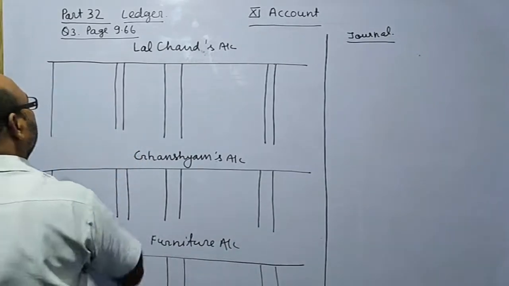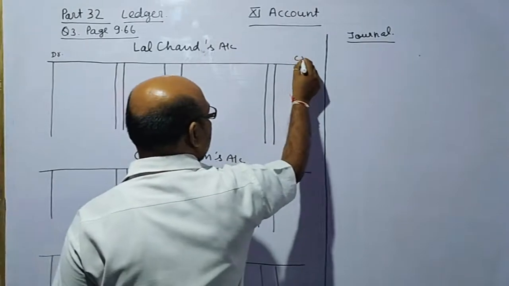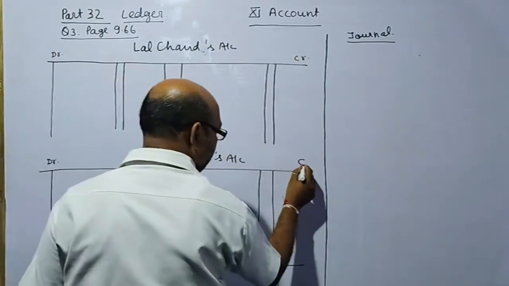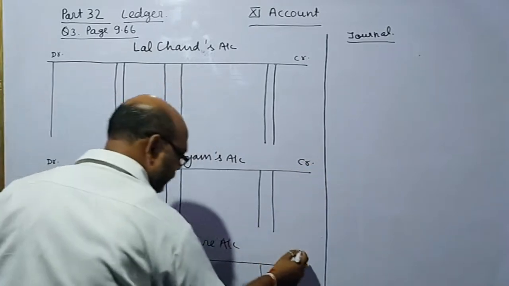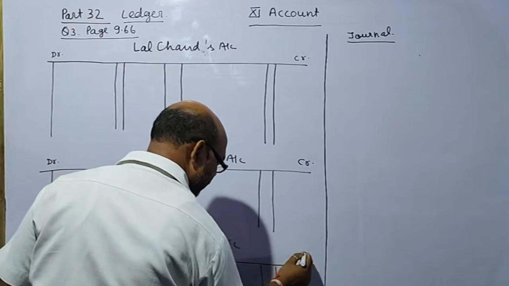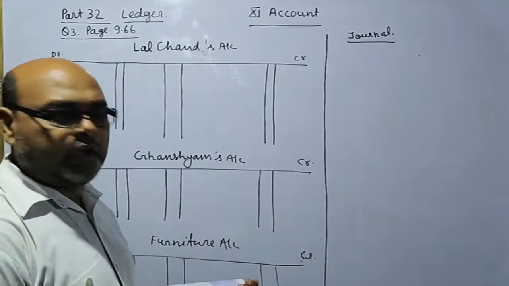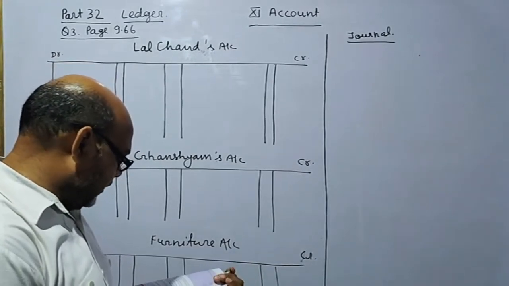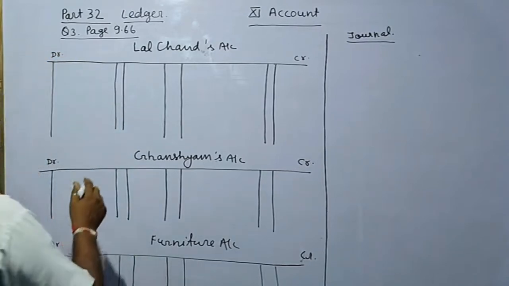Now you know left hand side it is called debit and right hand side it is called credit. All the assets always have the debit balance. So Lal Chandra is under the heading of assets, so it has the debit balance.